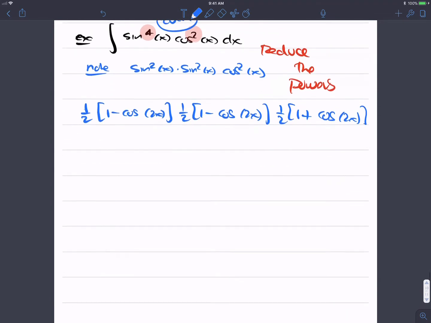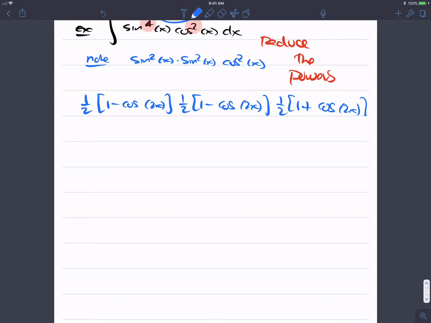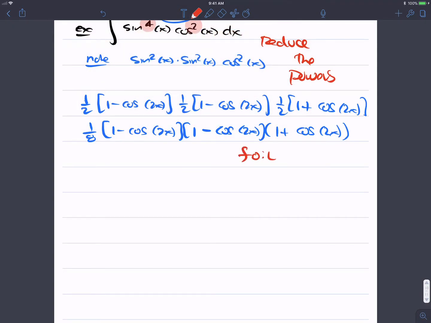So algebraically speaking, again, I'm going to say you have 1/8 here, (1 minus cosine 2x)(1 minus cosine 2x)(1 plus cosine 2x). On the right side, we use FOIL. I'm going to start on the right. I think it makes your computation just a little easier. So I'm going to try to not talk so much and focus more on the algebra.